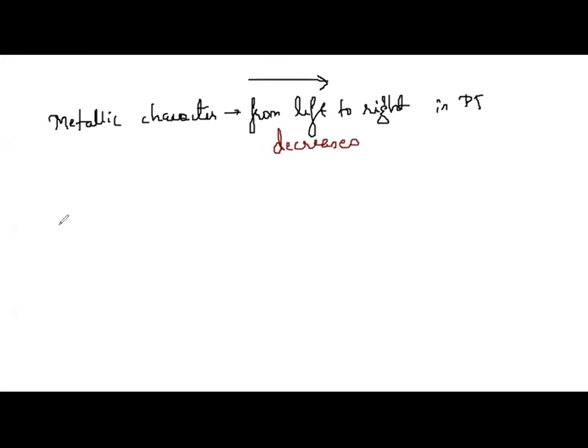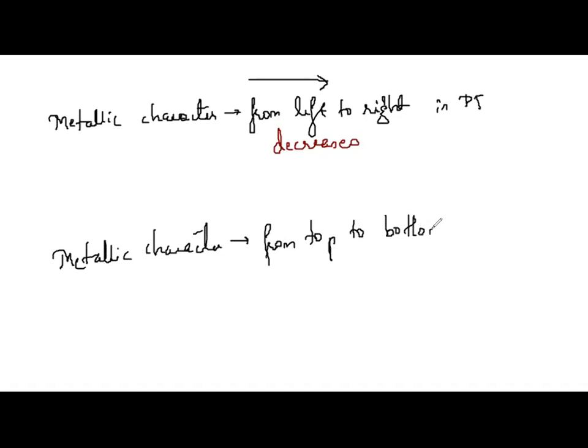Then metallic character from top to bottom. Just now I said at the bottom part there are metals, right? So from top to bottom, what happens to the metallic character?